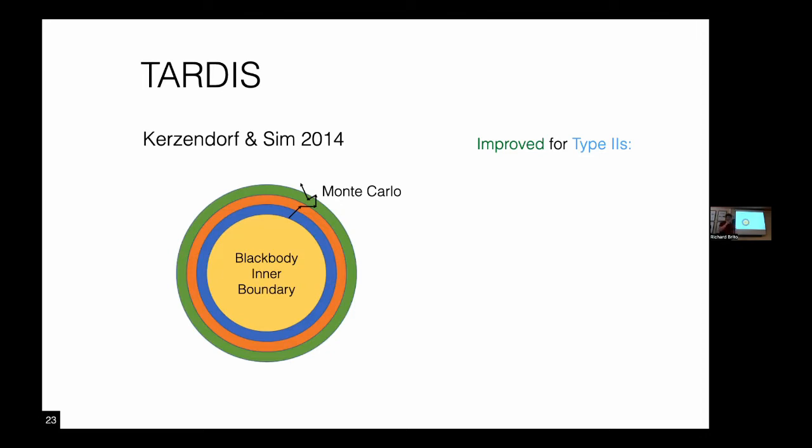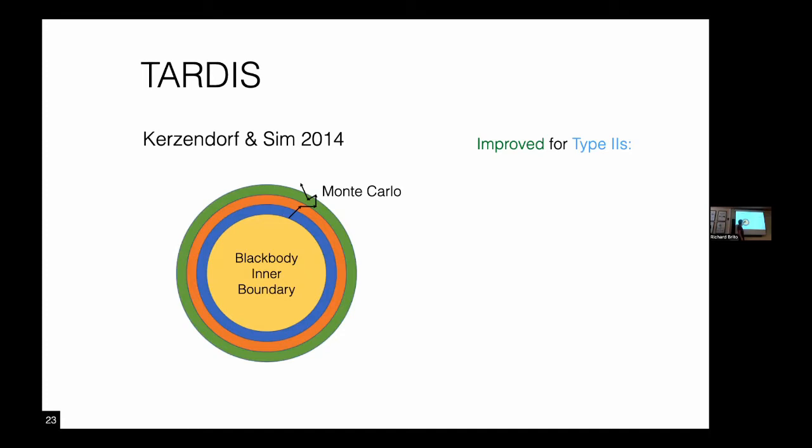The radiative transfer code that we use is TARDIS, which was developed by Wolfgang Kerzendorf and Stuart Sim. It assumes an inner boundary that can be pretty deep inside the ejecta if you want. Then you have your atmosphere layers with adjustable composition.